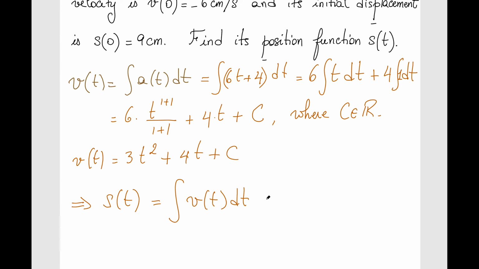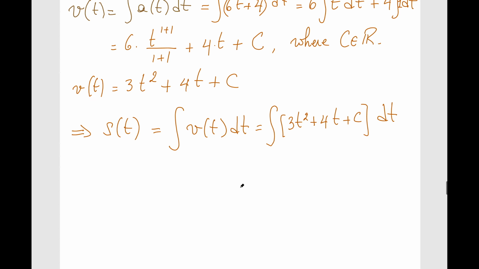So this is then equal to, let me change the color again, the primitive of v(t). What's v(t)? It's all the sum: 3t squared plus 4t plus c, dt. Let's integrate. By now we should do it quickly. So this is 3t cubed over 3 by property 3, right?